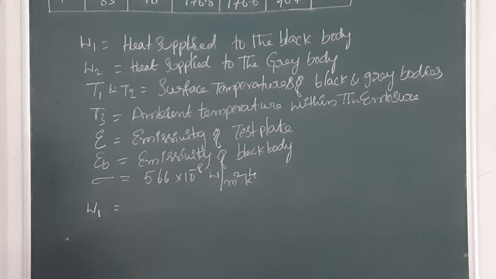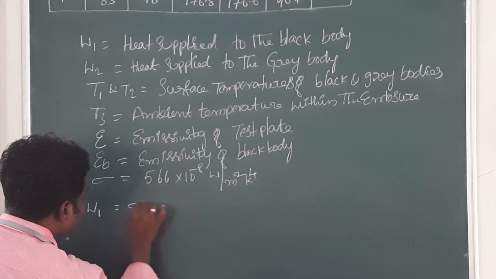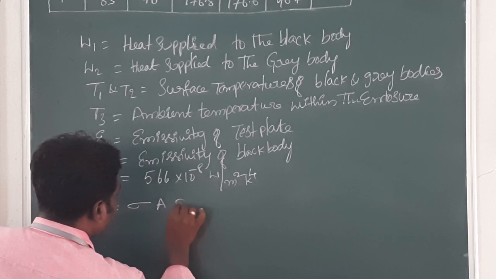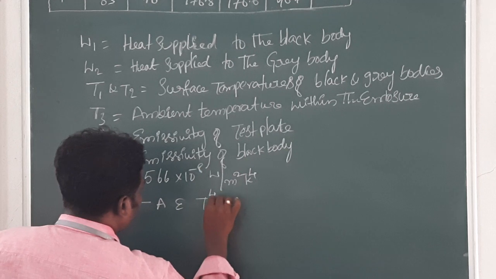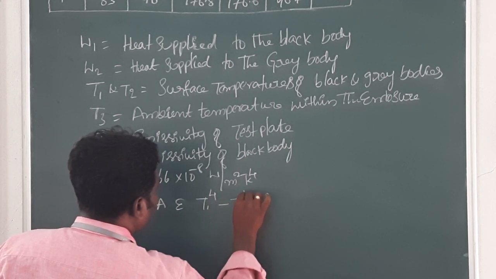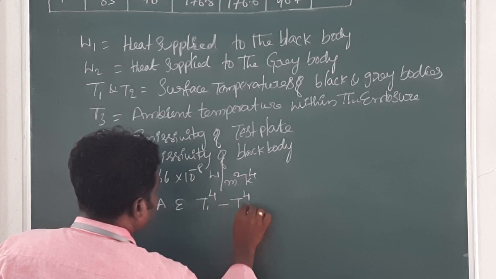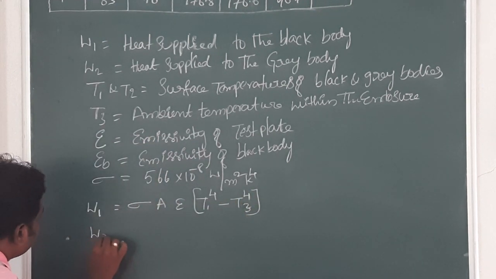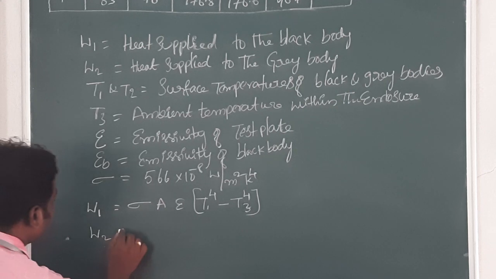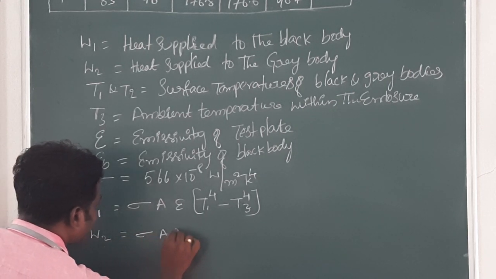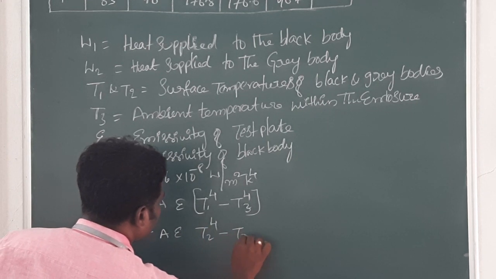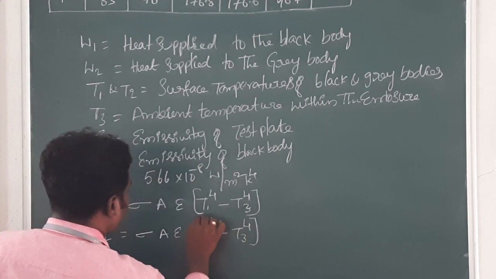We know that heat given to the black body is sigma A epsilon B into T1 power 4 minus T3 power 4, and heat given to the gray body is equal to sigma A epsilon into T2 power 4 minus T3 power 4.